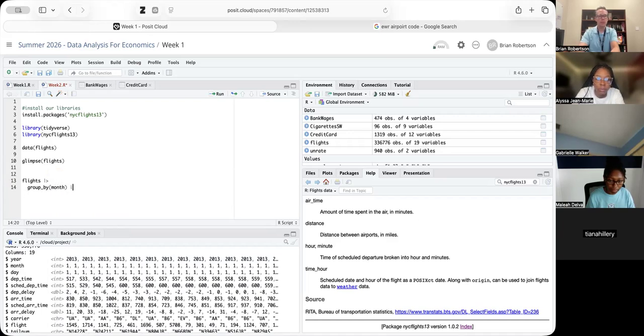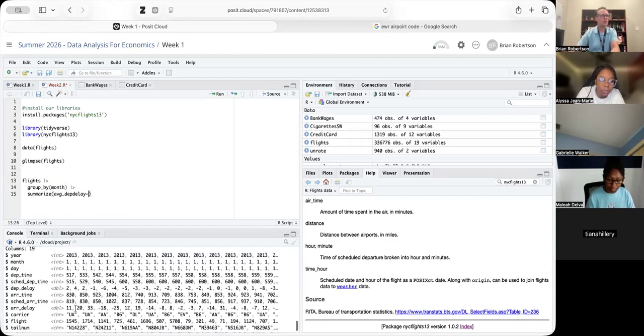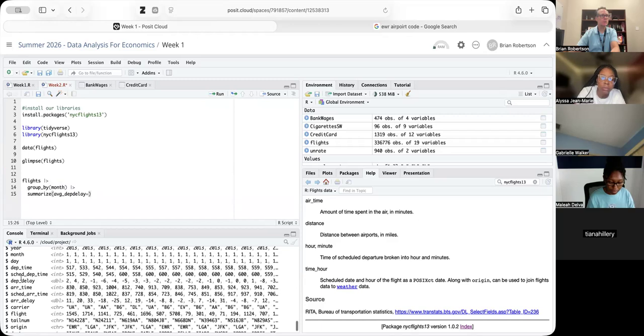And then I want to do a summarize. Let's say average delay equals, and down here, actually, it's specify average departure delay. Average departure delay equals, let's say, average departure delay. So to do the average is just the mean. And I'm going to do dep delay. And I'm going to go ahead and just run that.